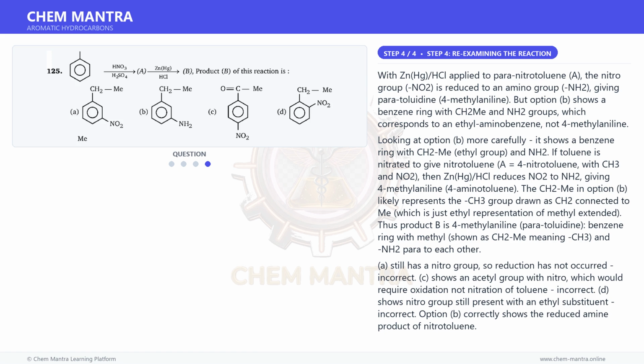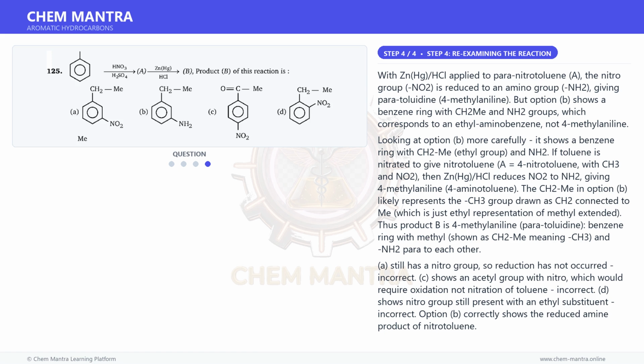Looking at option B more carefully, it shows a benzene ring with CH2Me, an ethyl group, and NH2. If toluene is nitrated to give nitrotoluene, A equals 4-nitrotoluene with CH3 and NO2, then Zn, Hg, HCl reduces NO2 to NH2, giving 4-methylaniline, 4-aminotoluene.